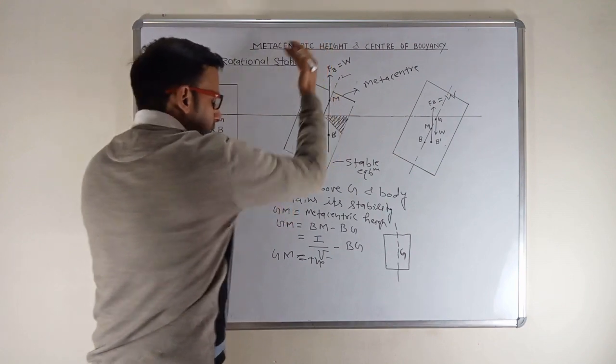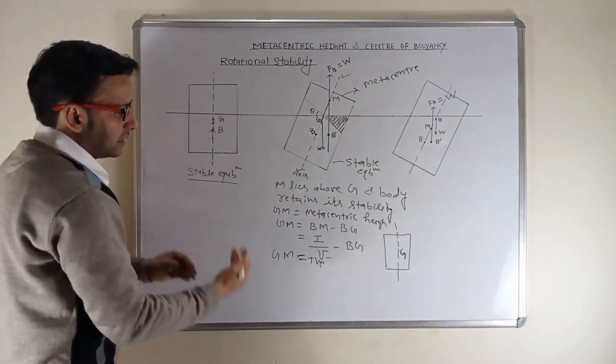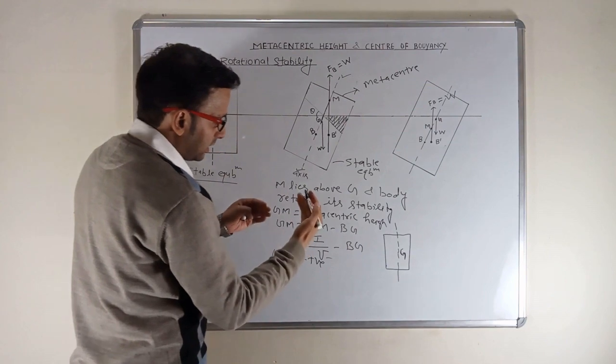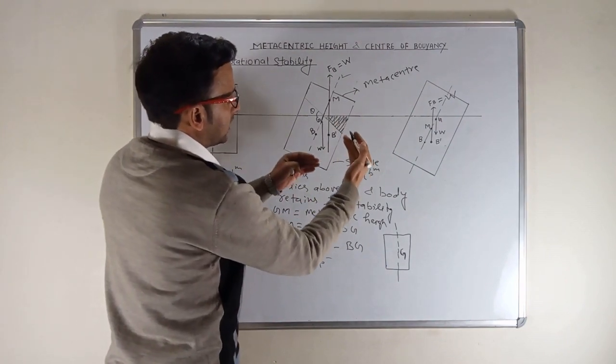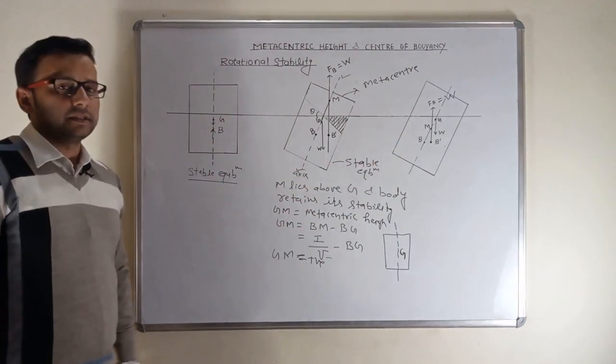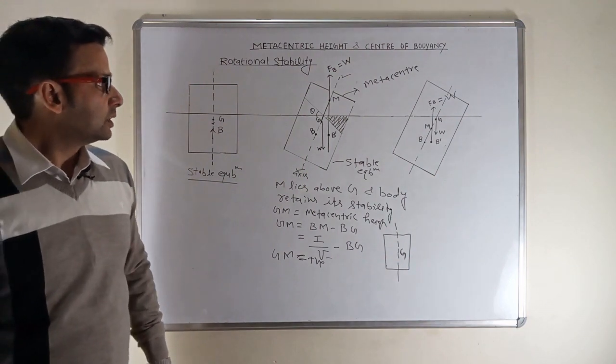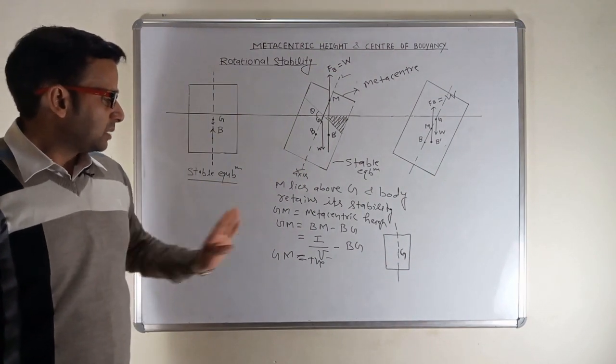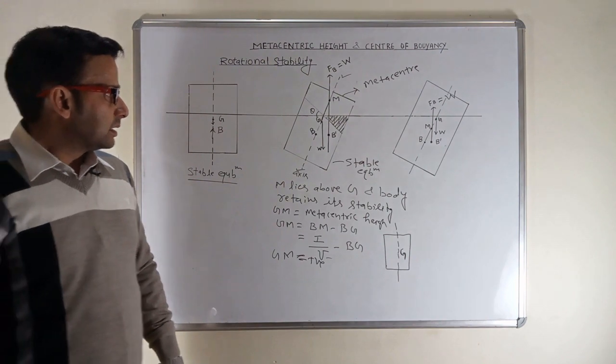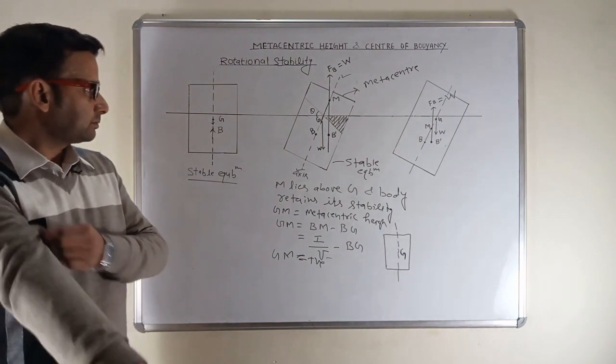That's why in such a case GM is positive, the metacentric height is positive, and the body is in stable equilibrium. I think this might be clear to all of you.